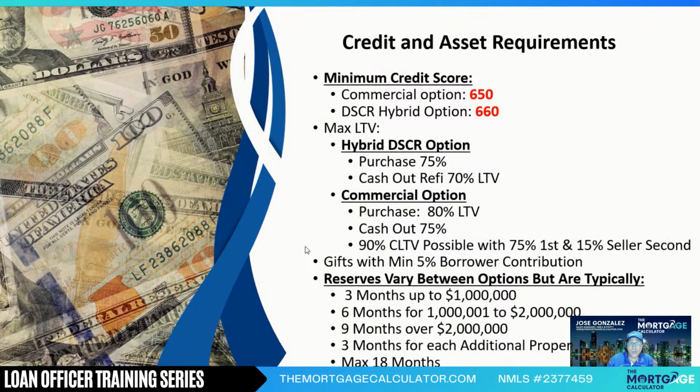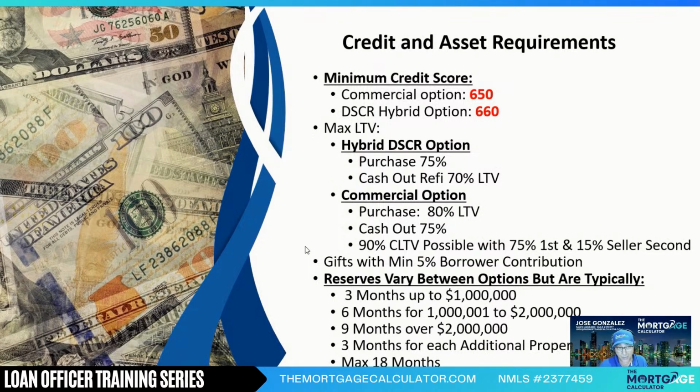And what are the reserve requirements, you may ask? Well, they vary again between option to option. So I'm going to give you the typical reserve requirements, and from there you'd have to go into the specific guidelines for the option you're looking at to see how they vary. So you're looking at up to $1 million loan amount, 3 months reserves required, 6 months PITI.